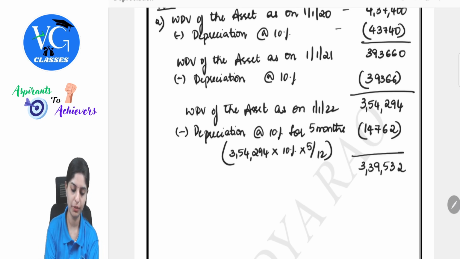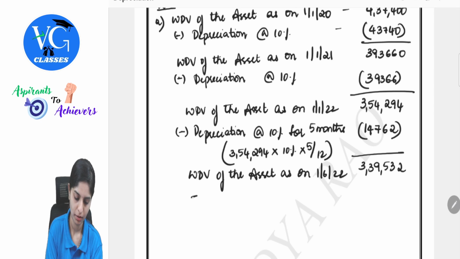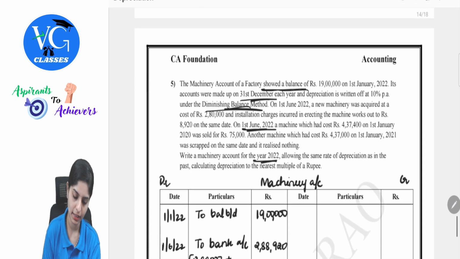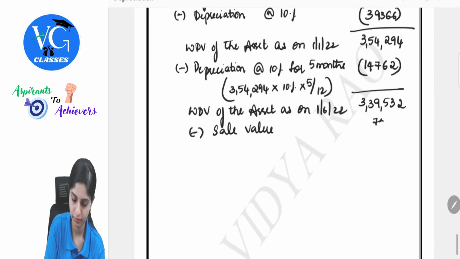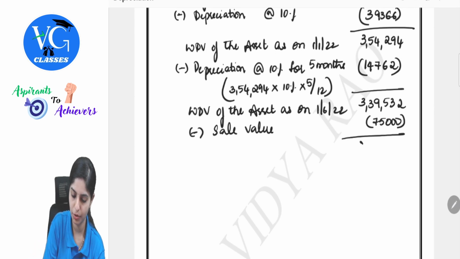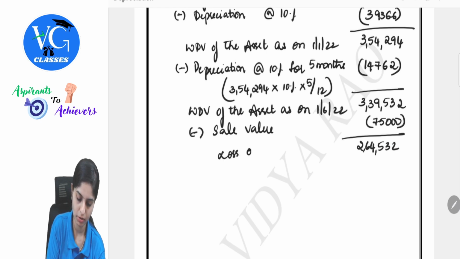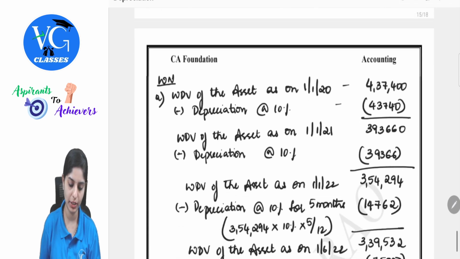So this is the WDV of the asset as on 1st June 22 minus sale value. What is the sale value being offered? 75,000. So there is a loss of 2,64,532. Loss on sale. Now we need to record this in the year 2022.